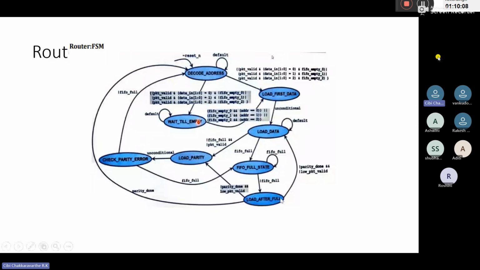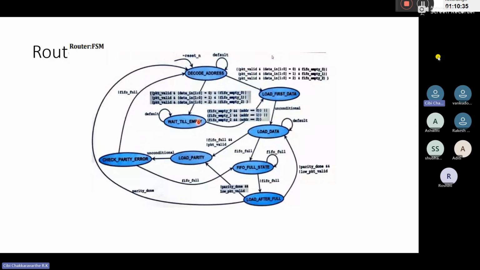If the loading data is a low packet valid, that is, we have some minimum data, then this low packet valid will be high, and we move to load parity and the further process will continue. Else, it is not a low packet valid; actually, it is a big data. So after our FIFO full, we wait for some space.